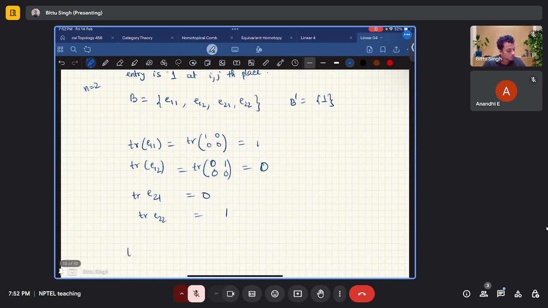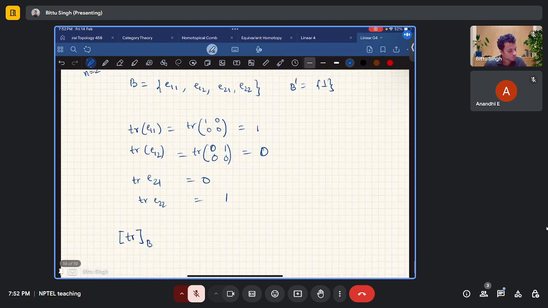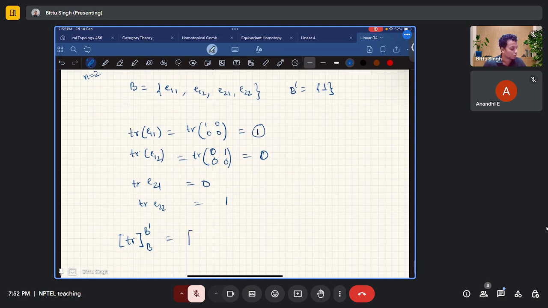Now we need to find the transformation matrix, that is, the matrix representation of this trace transformation. With respect to B and B dash, which is 1, we can see that it is a combination of 1, so we put 1 in the first column. Similarly 0 in the second column, then 0 again and 1. So this will be the correct matrix representation.